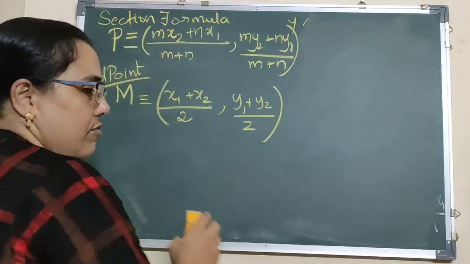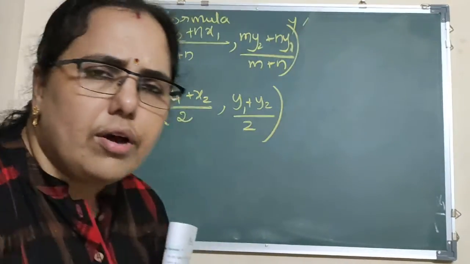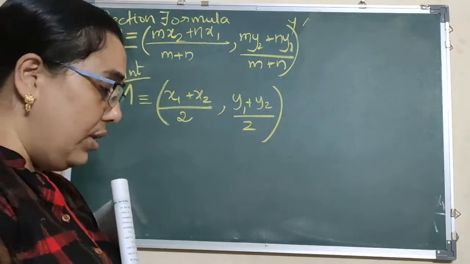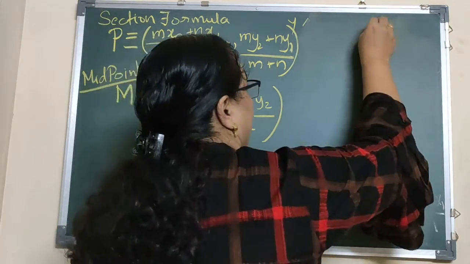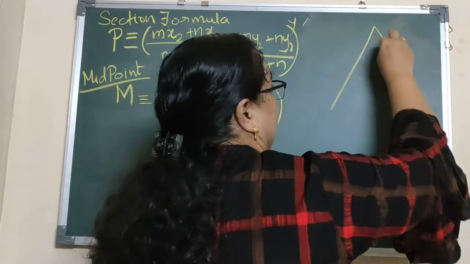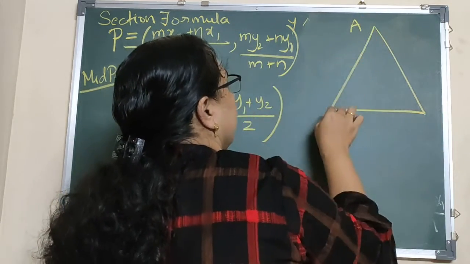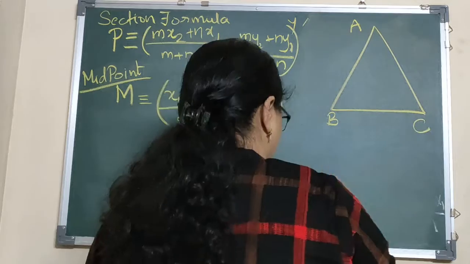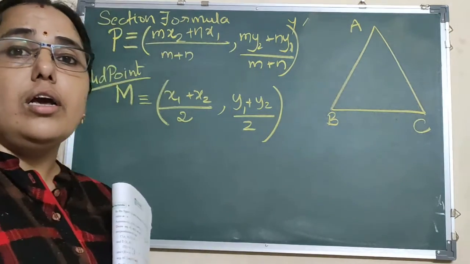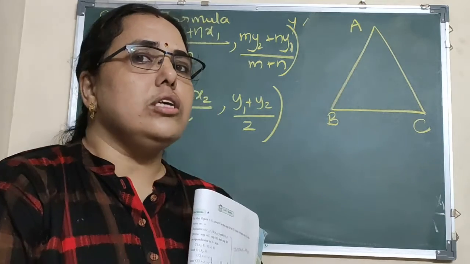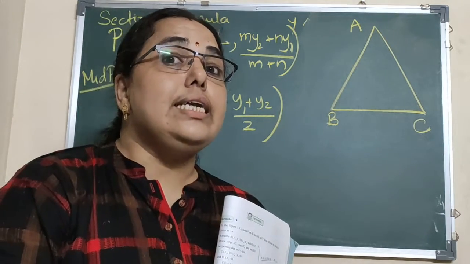Centroid is not a new topic for you. You have done this last year. Certain concepts were done with regard to triangles. I hope you can recall what a centroid is. Centroid is the point of concurrence of all the medians.